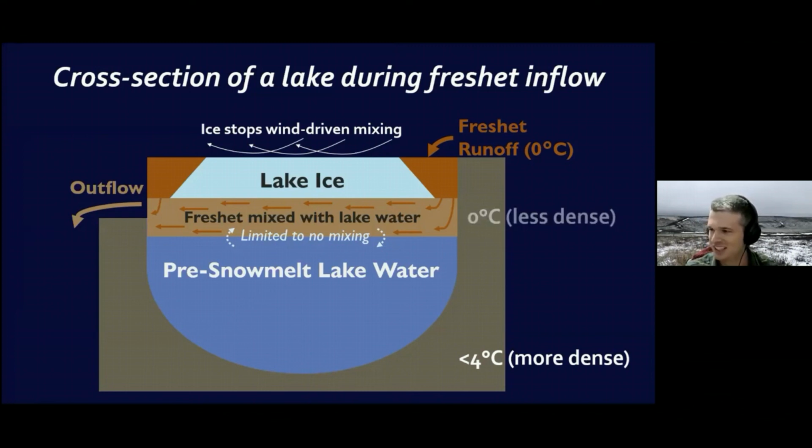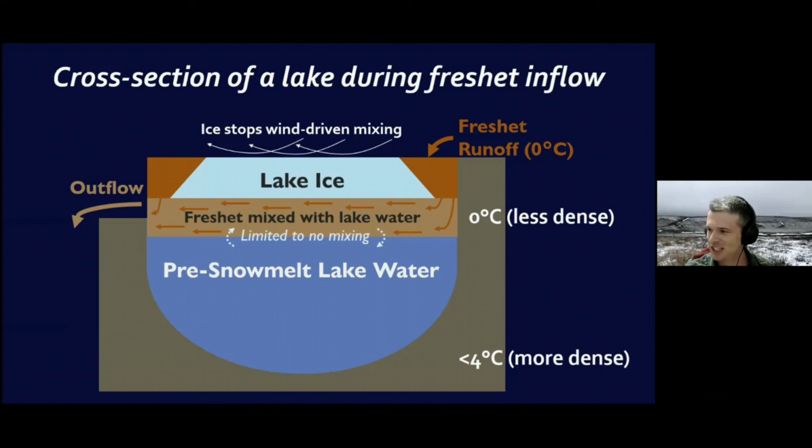That's flowing into the lake right under the ice, which is also 0 degrees. And of course, the interesting property of water is that from 4 degrees to 0 degrees, water gets less dense. So we have less dense 0 degree water right underneath the ice, and then we have denser water as we go deeper in the water column.